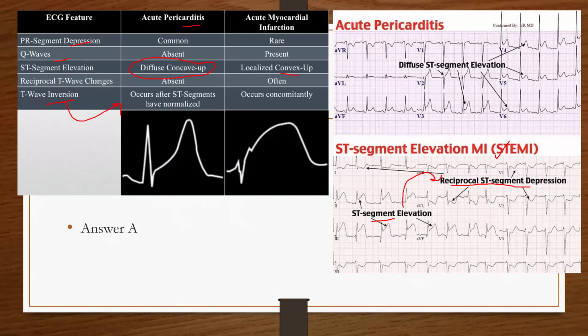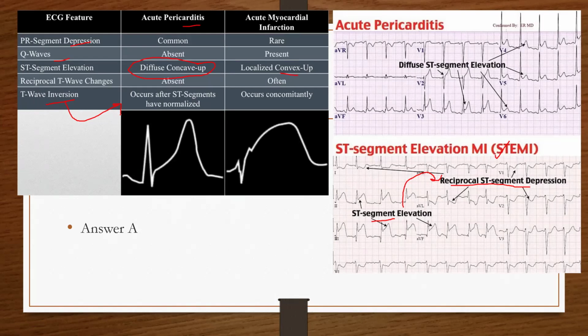After these ST segments become normalized, you can see T wave inversion developing. So in other words, you don't commonly see both T wave inversions and ST segment elevations in acute pericarditis. But in MIs, you can see both together concomitantly. So that's another important change.